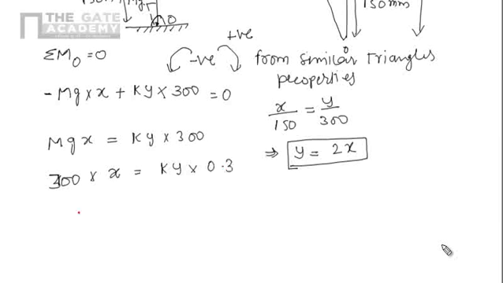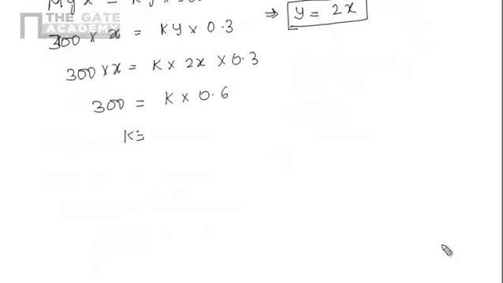Now if we further simplify, 300 into x, in place of y I can write 2x into 0.3. So we will get 300 equals k into 0.6. So k will be 300 by 0.6, which comes to 500 Newton per meter. So the correct answer is 500 Newton per meter.